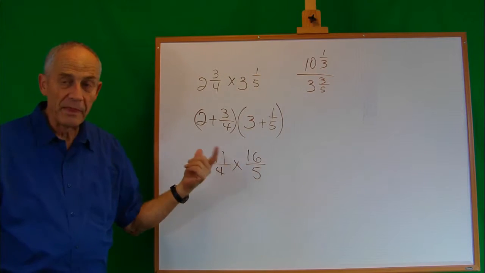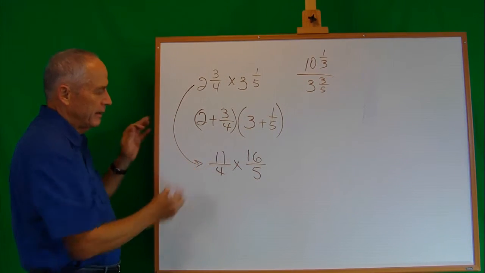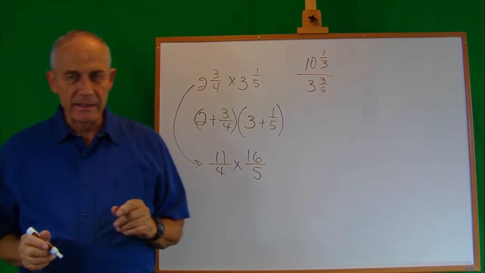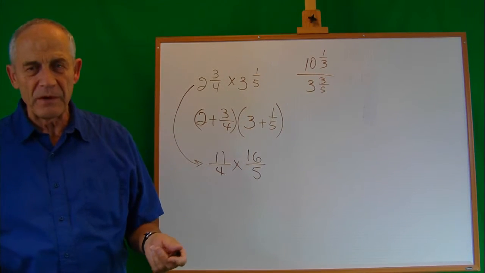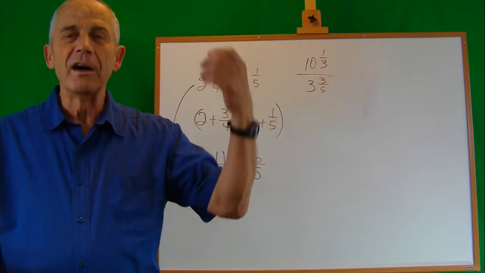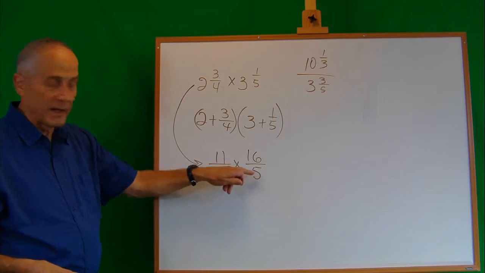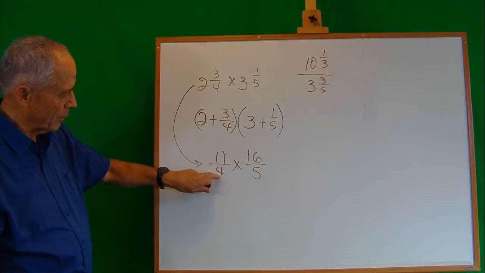Okay, so then once we've decided that it's a multiplication with fraction problem, then what's the first thing we do? Okay, always reduce if we can. So we go here, 11, no factors of 11 down there, 4.